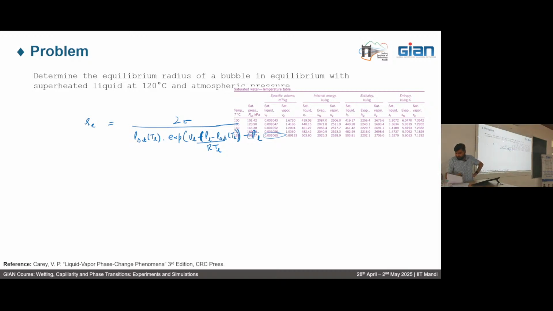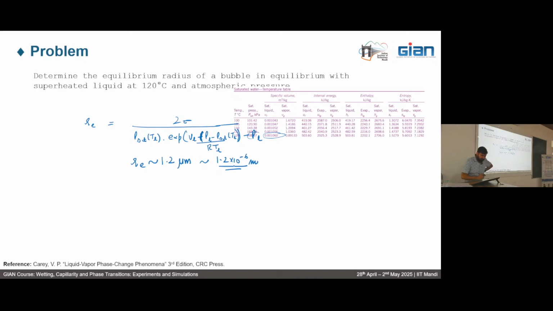And in the end what you will get is that R_E would be equal to 1.2 micrometer, which is 1.2 times 10 raised to power minus 6 meters. So if your metastable liquid is at 1 atmosphere and 120 degrees centigrade, its equilibrium radius would be on the order of 1.2 micrometer, which is already very small and not visible by the naked eye, right?